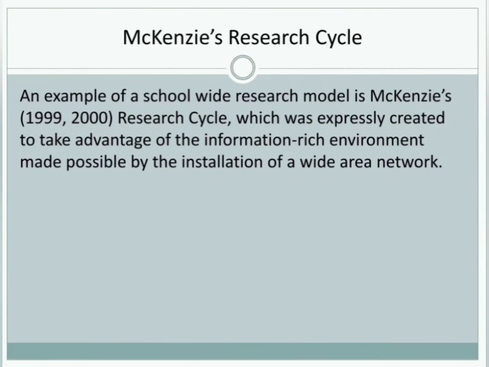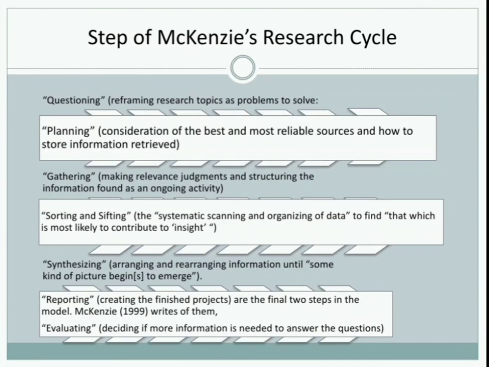McKenzie's Research Cycle. An example of a school-wide research model is McKenzie's 1999-2000 research cycle, which was expressly created to take advantage of the information-rich environment made possible by the installation of a wide area network. Steps of McKenzie's research cycle.